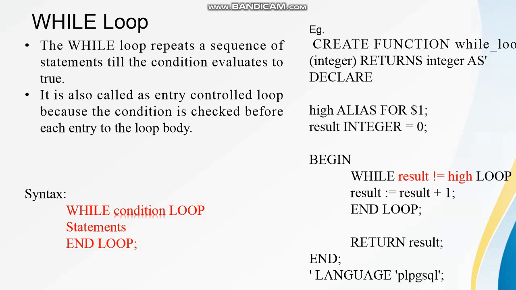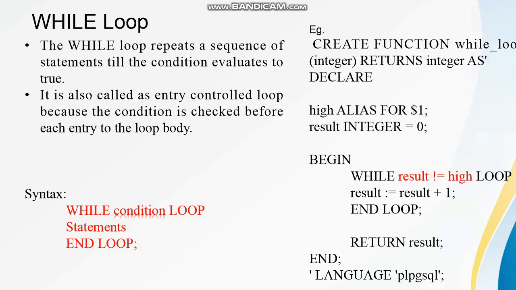Result is initialized to 0. Begin keyword is used to begin the block. While result not equal to high, followed by the keyword loop, then result is equals to result plus 1, end loop, return result, end language PLPgSQL.